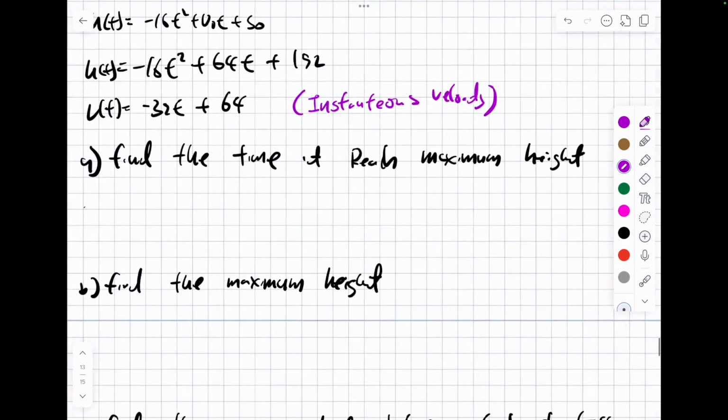So let's start by finding the time to reach maximum height. Okay, let me ask some people. Fabian, how do I find the time when it reaches maximum height? When I was first looking at it, I should probably know how to do this, but I can really just plug in 1 through 4 into all of them and see which one was the max. But that probably isn't the most efficient way.